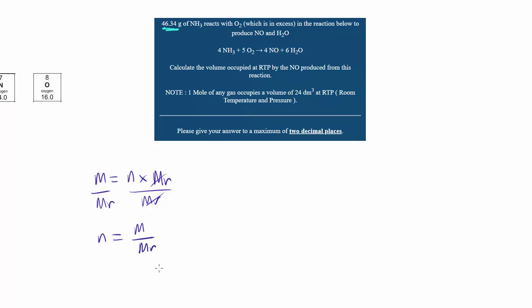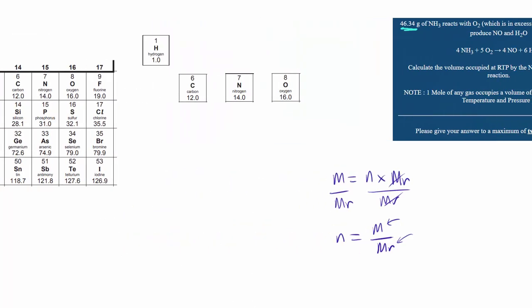In the context of NH3, we have the mass, given in the question. The MR we've not been given, however we have been told the formula of the ammonia, NH3. So we need to work that out in order to work out the moles of the ammonia.